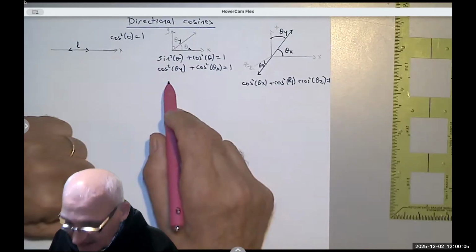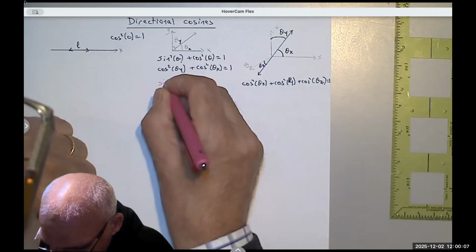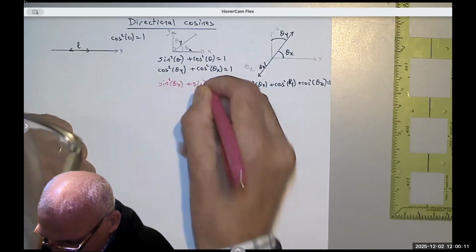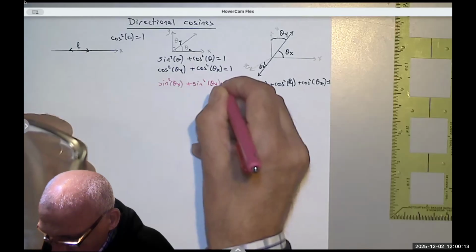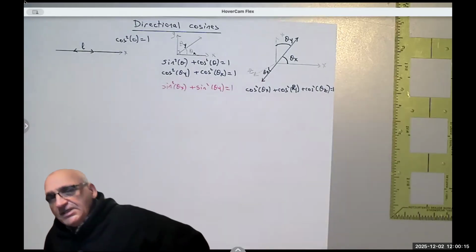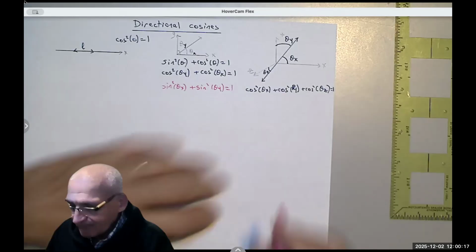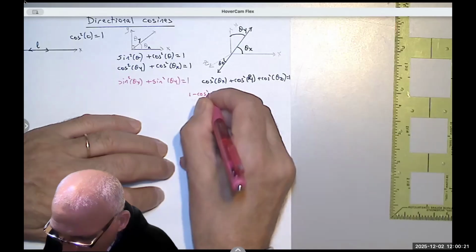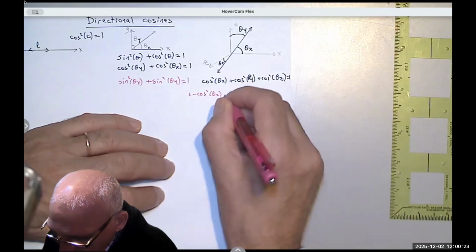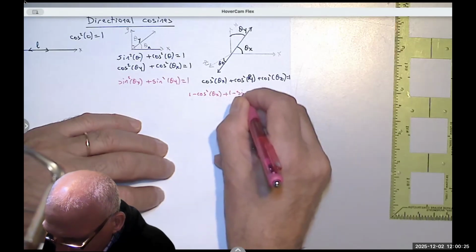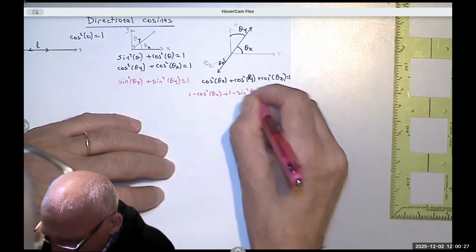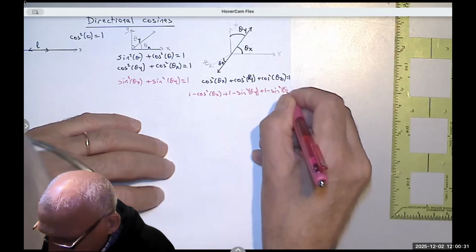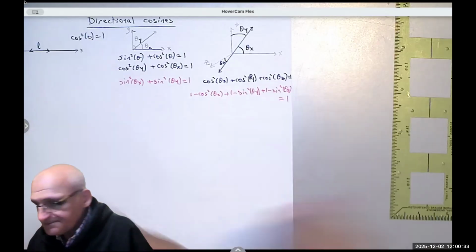It turns out that yes, sine square theta x plus sine square theta y equals 1. But when you go to 3D, you see what would happen? I'm going to write this as 1 minus cos square theta x plus 1 minus sine square theta y plus 1 minus sine square theta z, and that should equal 1.